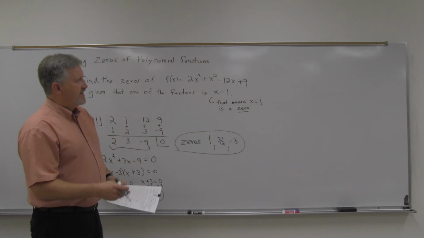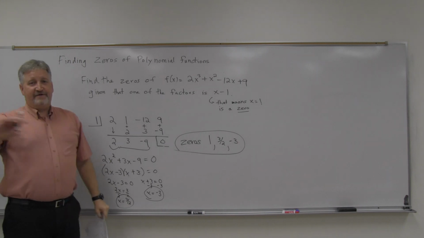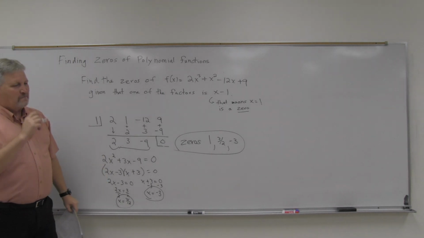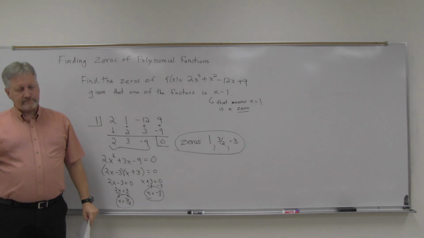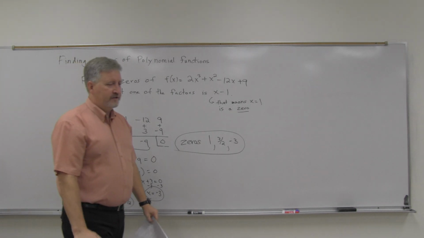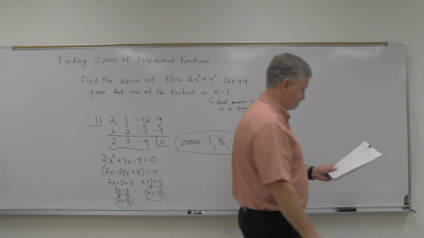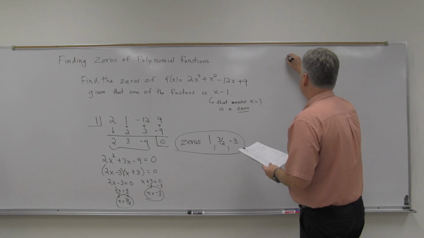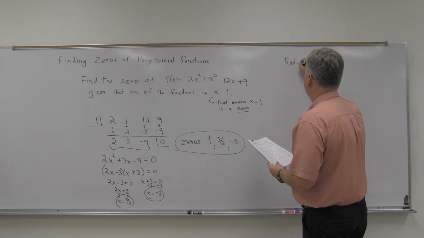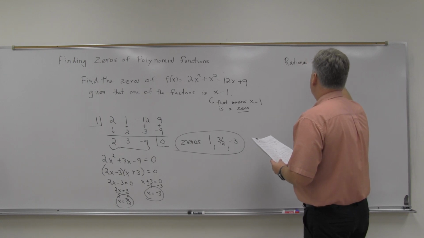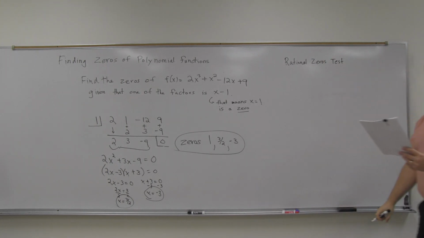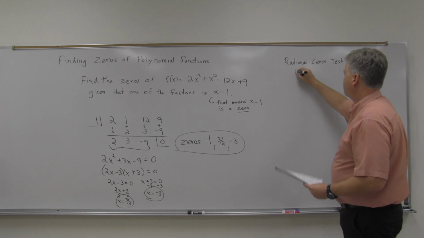Well, if we're given a polynomial function, 3rd degree or higher, and we don't have any of the zeros, here's what we're going to use. Here's the next step. This book calls this the rational zeros test. Other books may call it something else, but here's what it is.